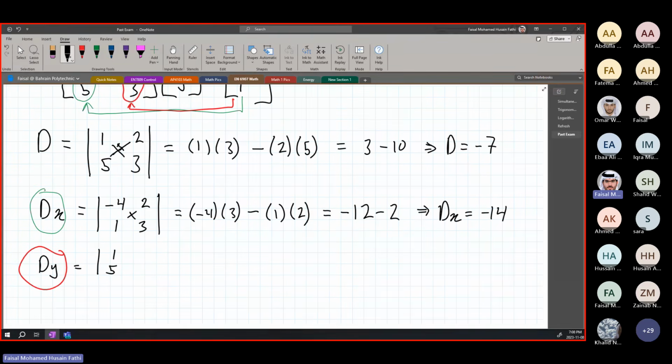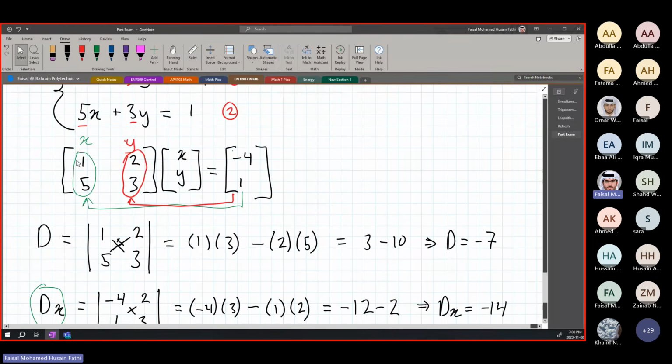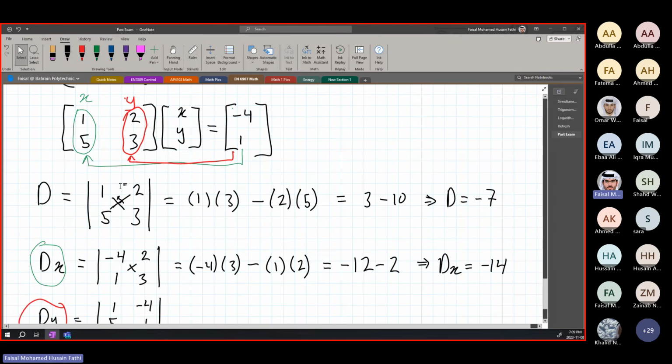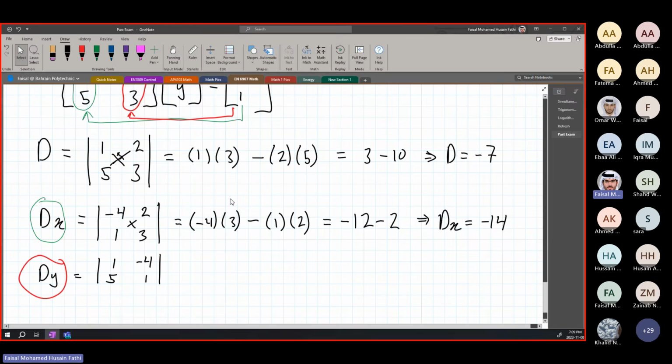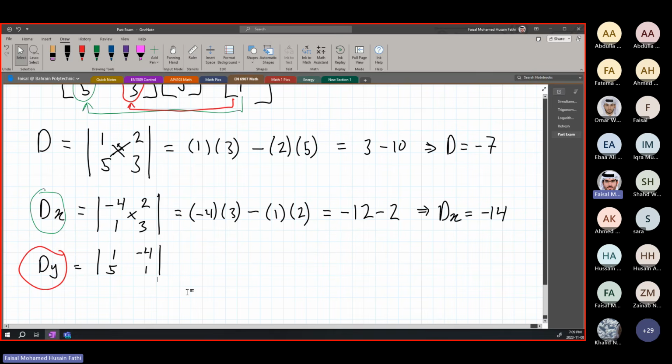So for dx we replace the x column with the solution, and for dy we replace the y column with the solution. So instead of 2 and 3 we put minus 4 and 1, and then we just do the determinant again: 1 times 1.